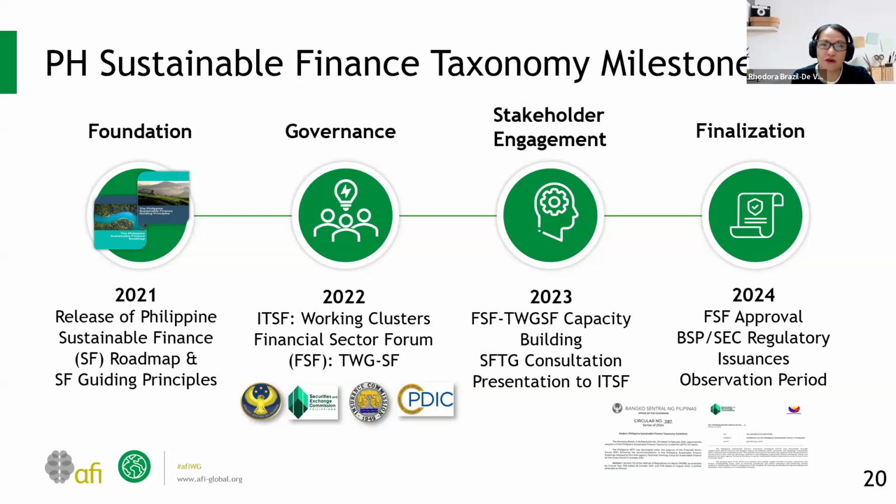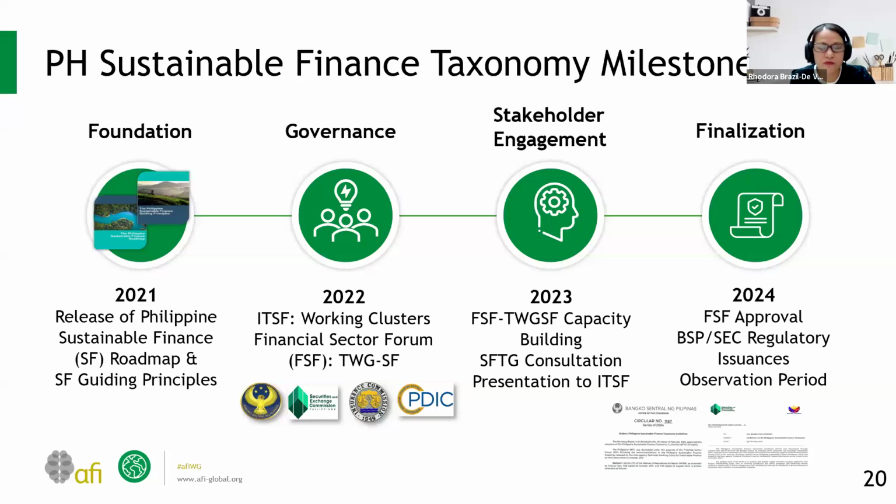First is on the foundation. There is a national strategy or roadmap, which is also the same with what Origin has mentioned regarding their jurisdiction. So in the Philippines, we have the Sustainable Finance Roadmap as well. So this serves as basis for the development of our local taxonomy.